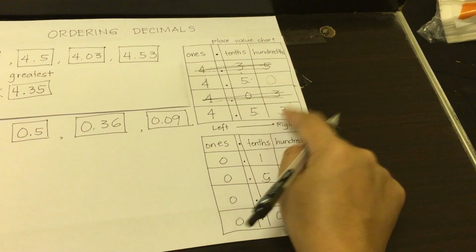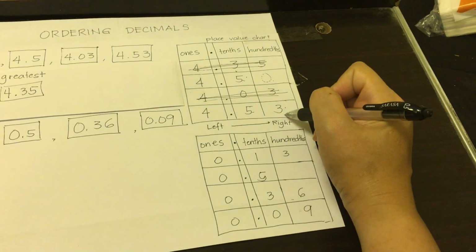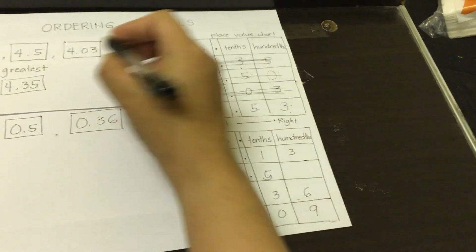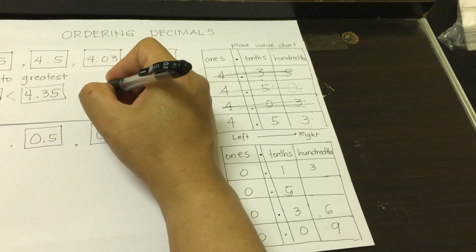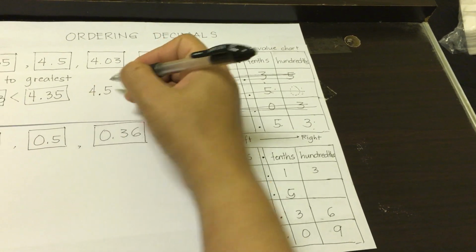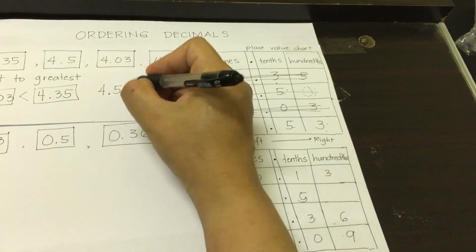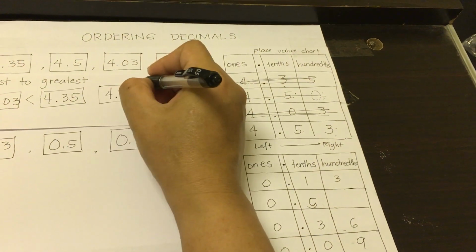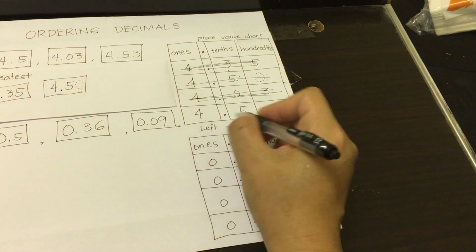So which is smaller, 0 or 3? So 0 is smaller than 3. So we write 4 and 50 hundredths as the next number. You can write 4 and 5 tenths, or you can write 4 and 50 hundredths. No problem. And then the number left is 4 and 53 hundredths.